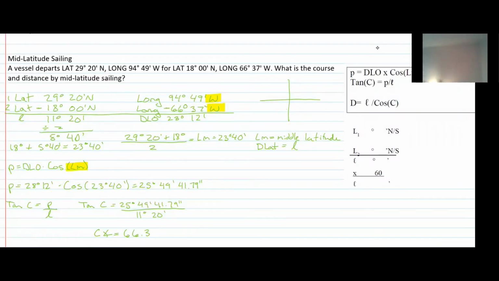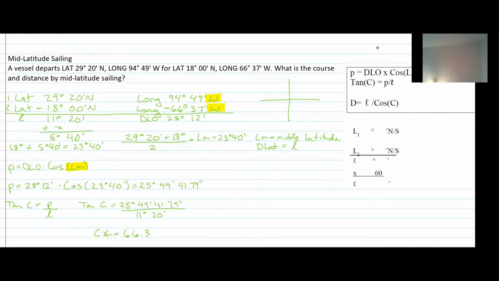So we drew our cross, which symbolizes the world map. So we have our northeast quadrant, northwest, southeast, and southwest quadrants. So we will be focusing on the northwest quadrant. We have our latitude of 29 degrees, 20 minutes, and our longitude of 94 degrees, 49 minutes.